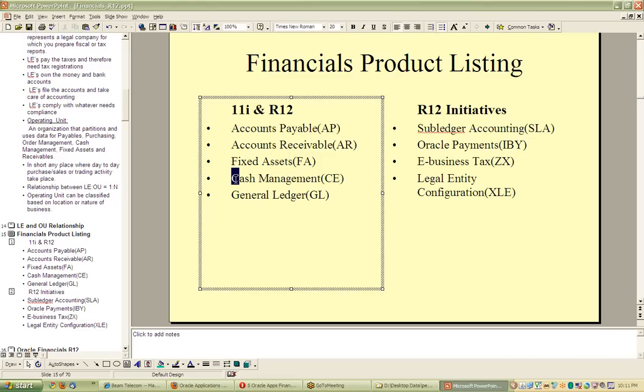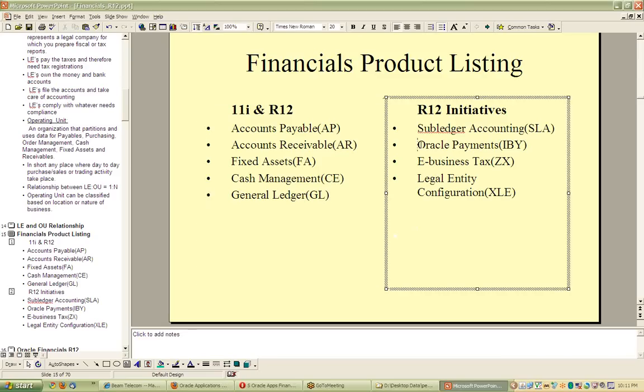So, one thing to be noted is cash management is CE. E-business tax is ZX. Legal entity is XLE. Oracle payments is IBY.